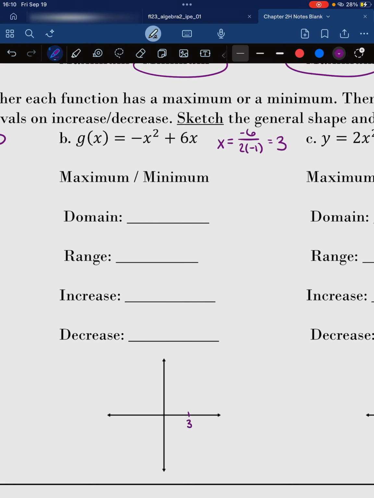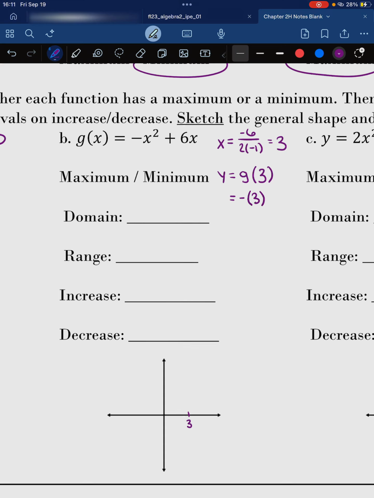I do need to find the y value though, right? So y is going to be plugging 3 into my function. This function's name is g, so I need to plug that into the rule for g, so negative 3 squared. So notice, this negative is not going in parentheses, because the only thing that would go in parentheses is my input.